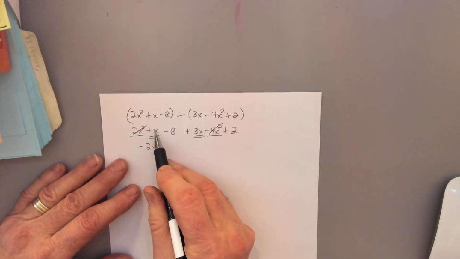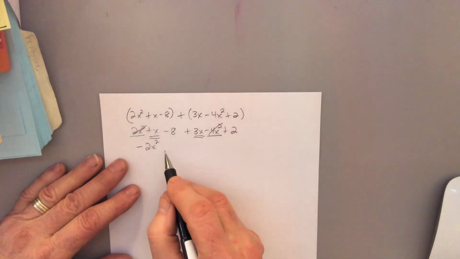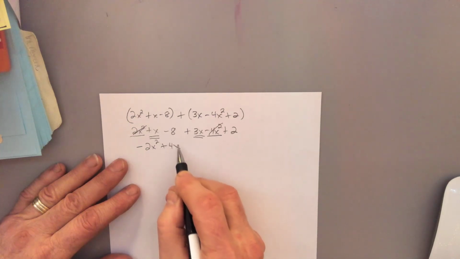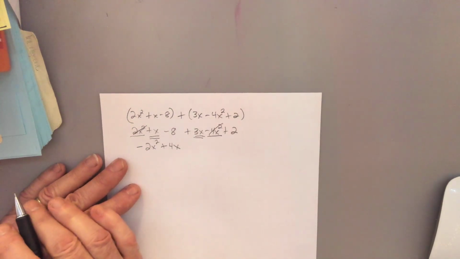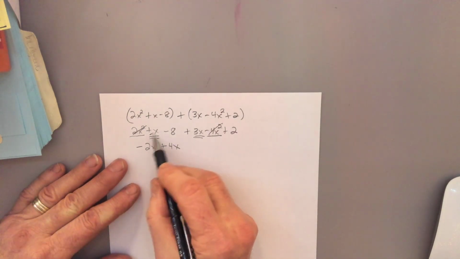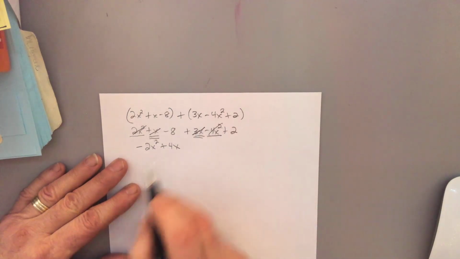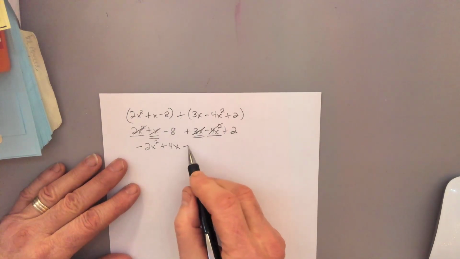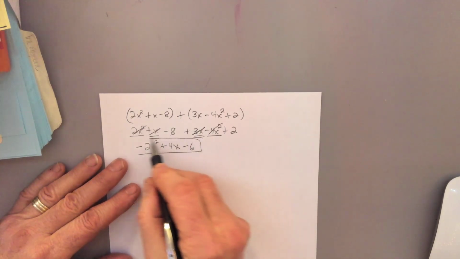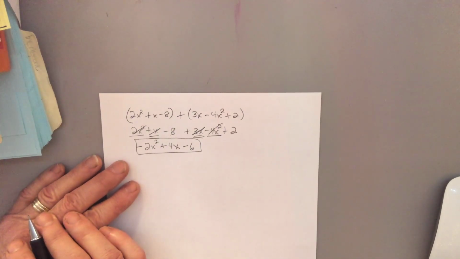So if I've got 1 and I add 3 to it, I've got 4x. Notice I don't do anything to the variable part of it. It just stays what it is. But they have to be identical in order to combine them together. And then -8 plus 2 is minus 6. There would be your answer.